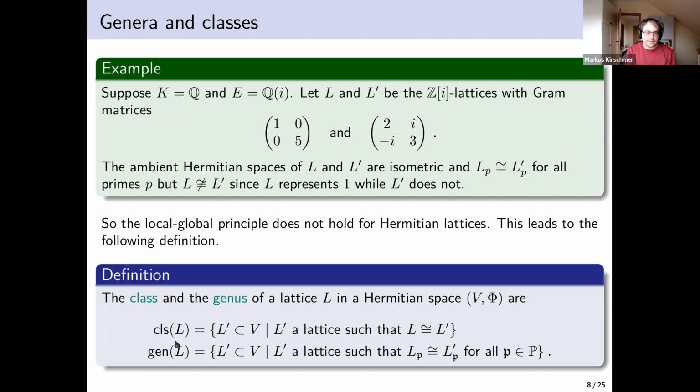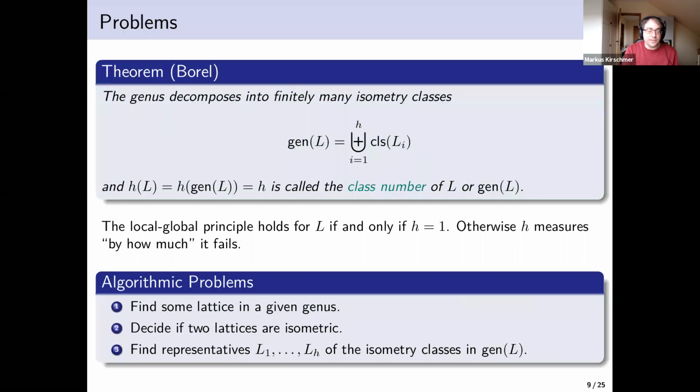So we get the class and the genus. In this example here, the classes are not the same, but the genus is the same. It turns out the genus consists of these two isometry classes. So in this example, you get two classes. And that's a general result. The result is much older than the one that I cited.